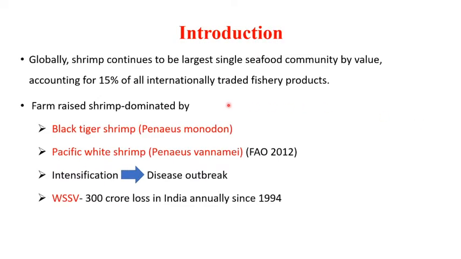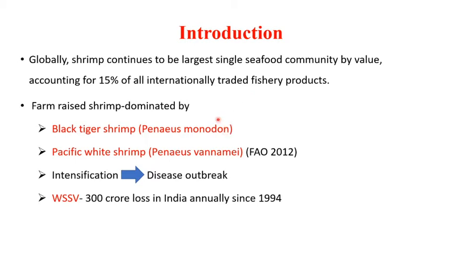Let us start with the introduction to diseases of shellfishes. Global aquaculture has been recognized as the fastest growing enterprise with an estimated annual growth of 11%. Globally, shrimp continues to be the largest single seafood commodity by value, accounting for 15% of all internationally traded fishery products.